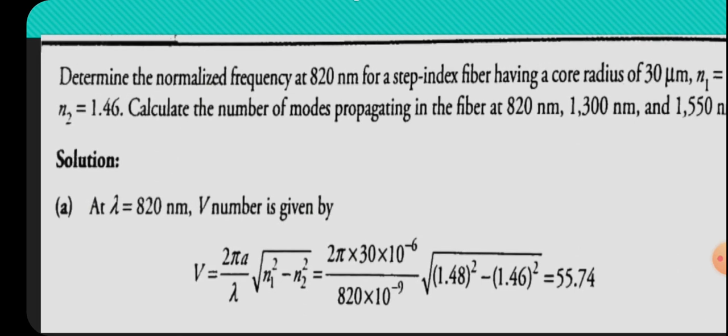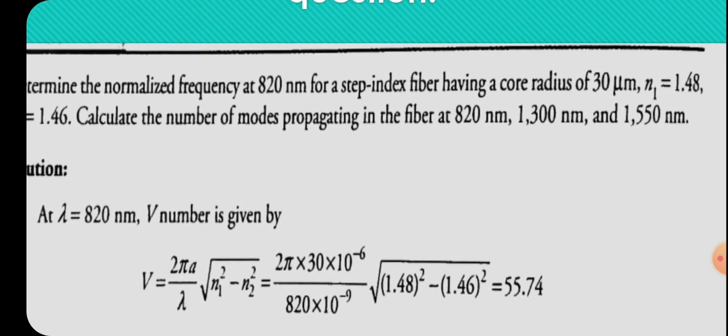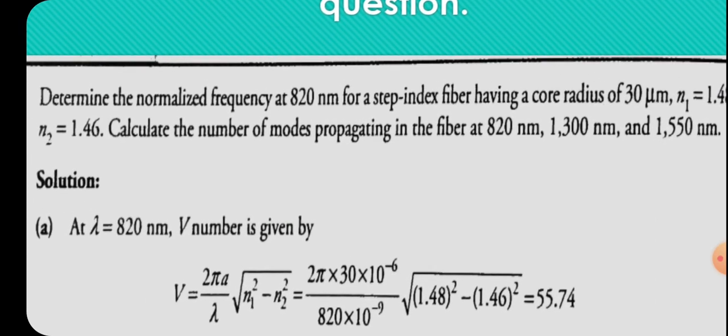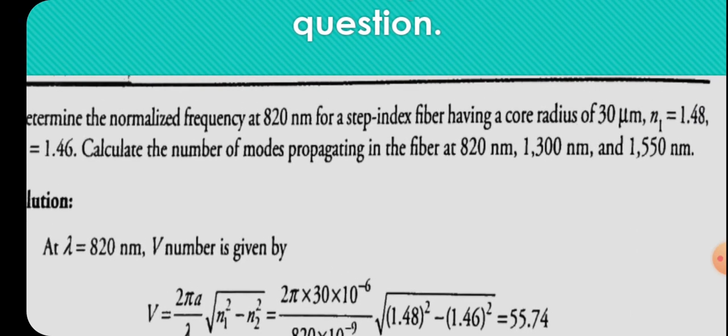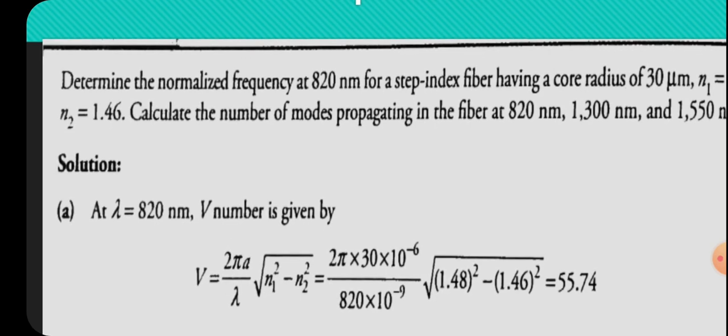You are asked to find the normalized frequency at 820 nanometer, so you can substitute lambda as 820 nanometer, and the radius is given as 30 micrometer, that is a equal to 30 micrometer. Simply substitute all these values and you will get a normalized frequency equal to 55.74.